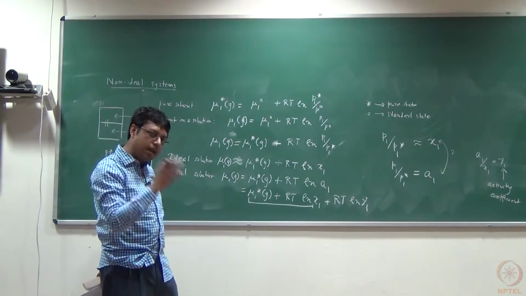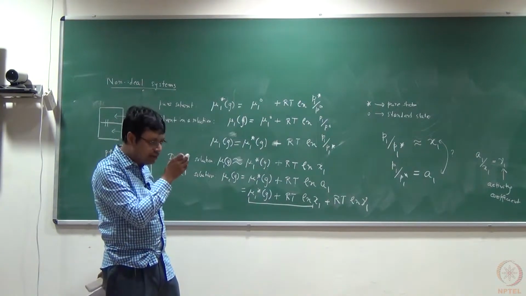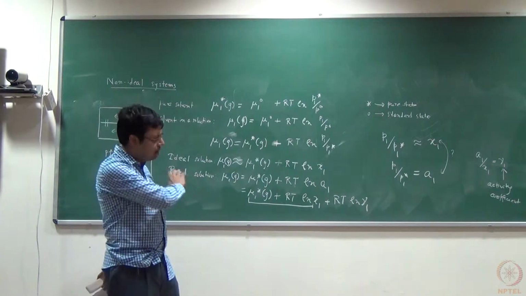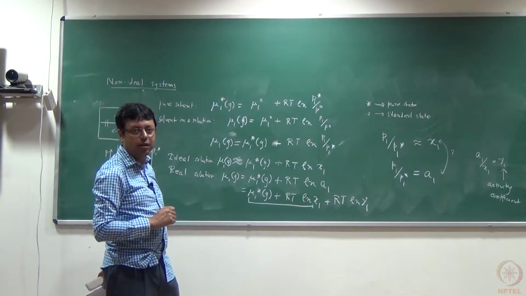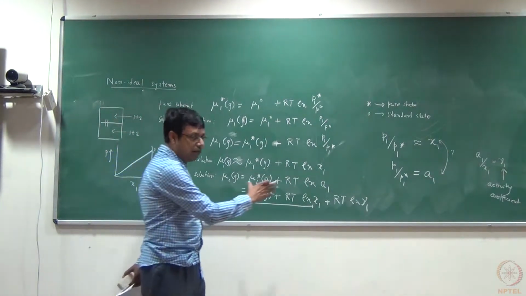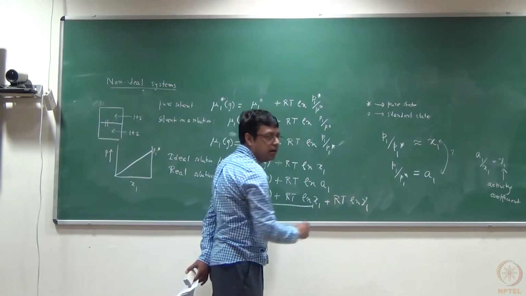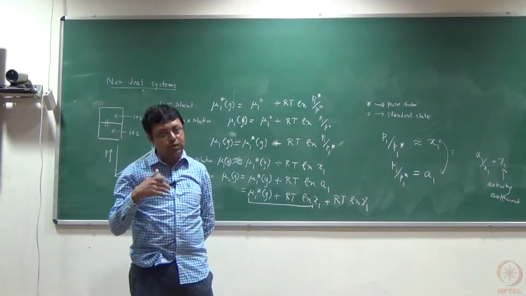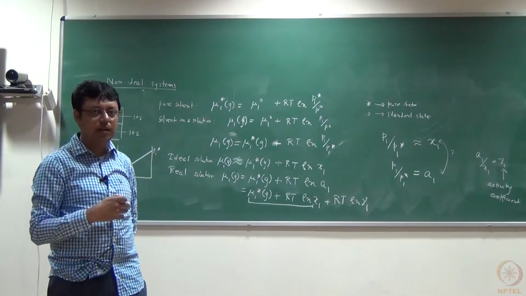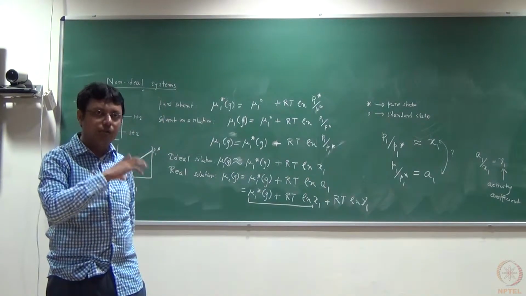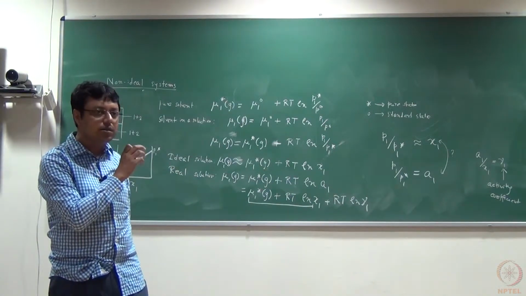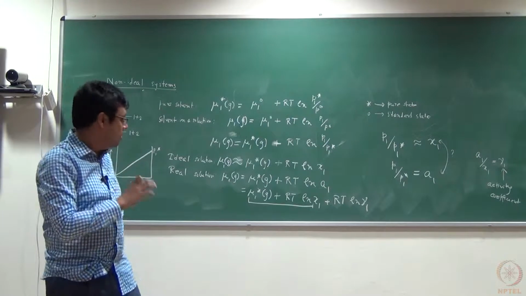All I am incorporating is hiding inside gamma. Because I can calculate the ideal thing directly using mole fraction, all the difference between the real and the ideal is lying here. That's why people calculate this activity coefficient, which we'll be discussing in the electrochemistry part: how to calculate the activity of ions and all this. There the most important thing is this gamma.